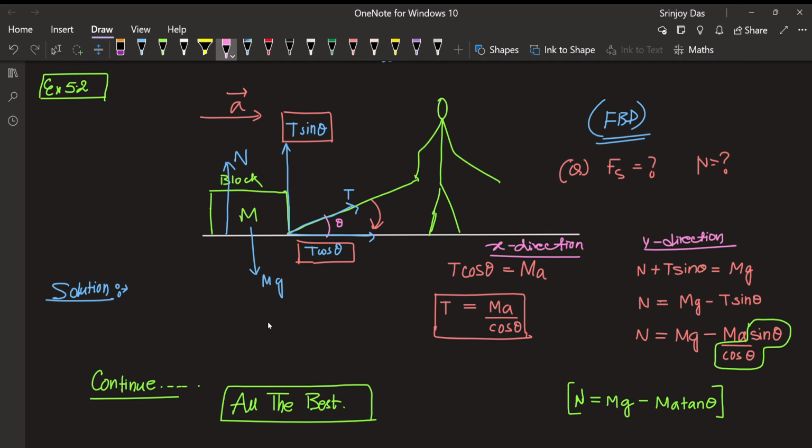So that's why we can write as the equilibrium formula, n plus t sin theta, means upward force is equal to the downward force, so that it can balance. N is equal to mg minus t sin theta, n is equal to mg minus ma by cos theta into sin theta. N is equal to mg minus ma tan theta, means we have replaced the t in here.